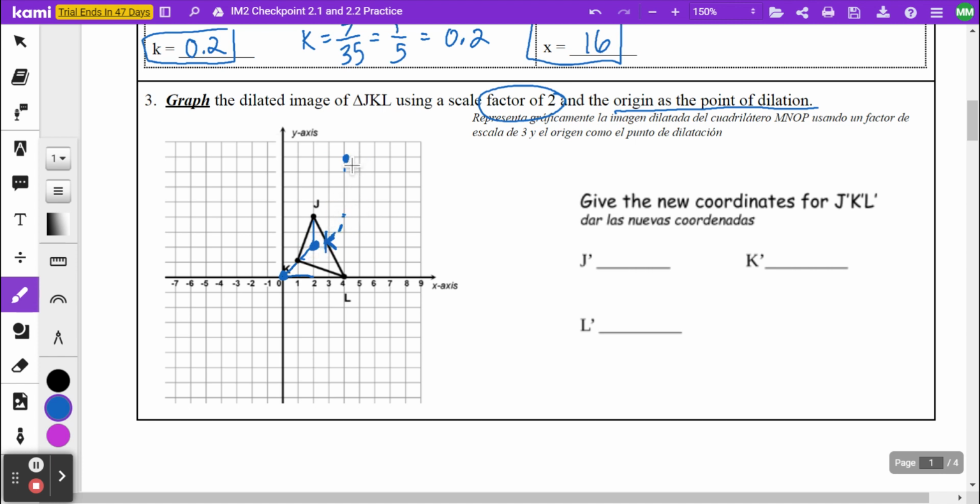So I've got K prime, J prime, and L prime. That's over 4, so doubling that would get me to 8. So here is L prime. Let me draw that triangle.